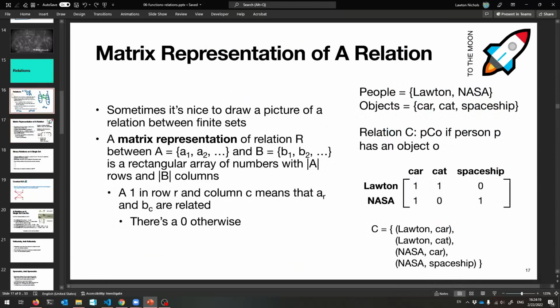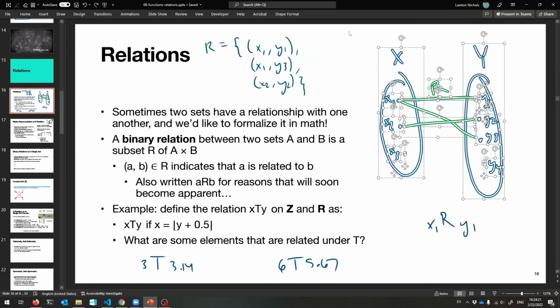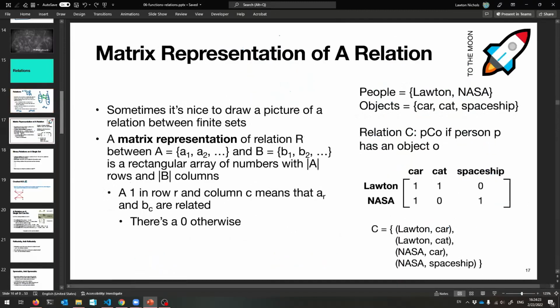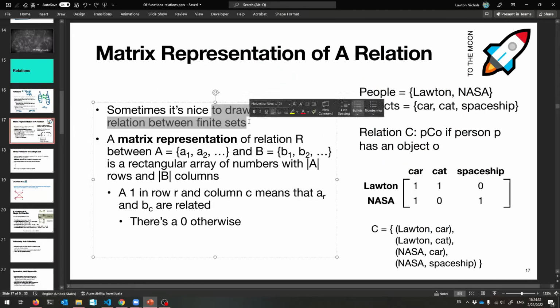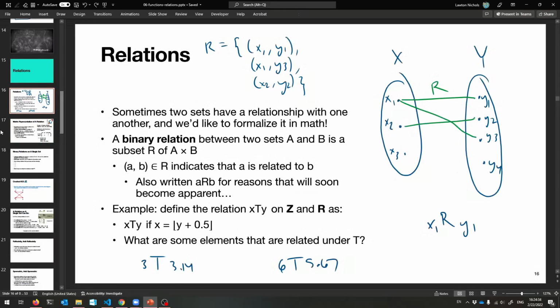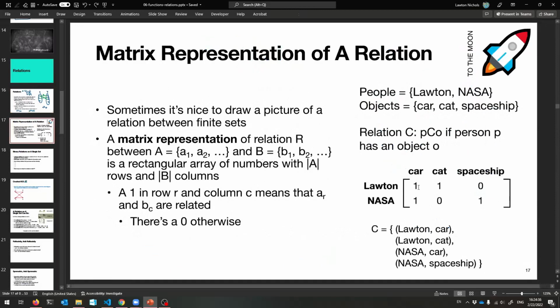So you can draw pictures like this. That's totally fine. You can also make a matrix form of a relation. Okay, so let's draw a picture of a relation between finite sets, not using a bunch of ovals and arrows, but using a matrix. That's the more standard way of representing these things. So we can make a matrix representation of a relation between two sets A and B. It's just, well, you draw a matrix.